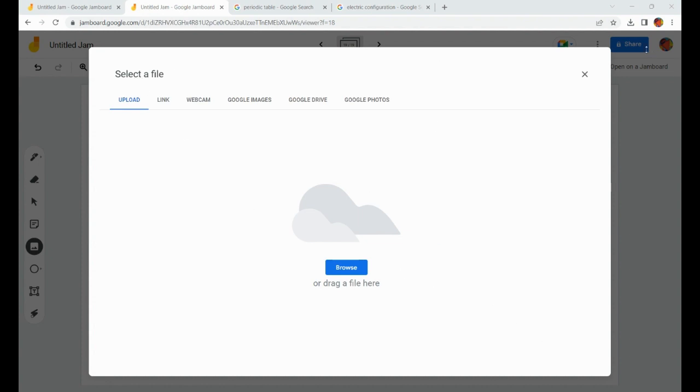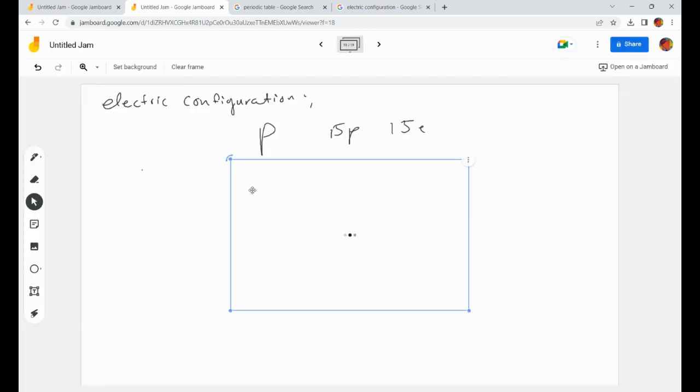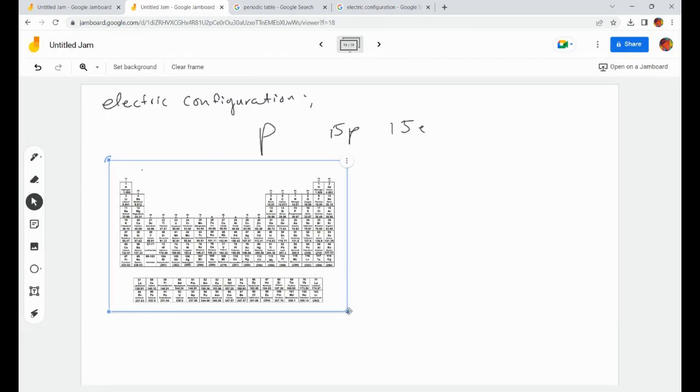I don't know where I got this from. Oh, I think it's from the teacher, actually. I think it's from campus, probably something like that.